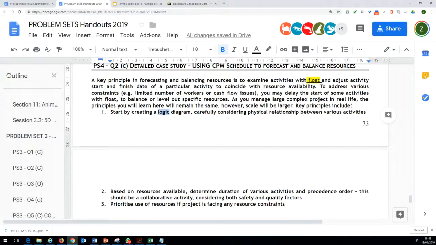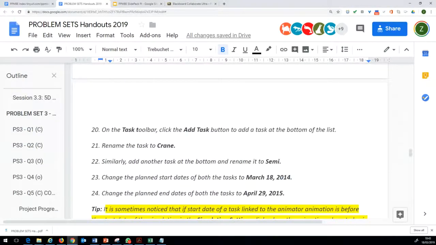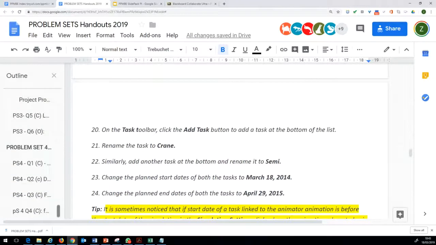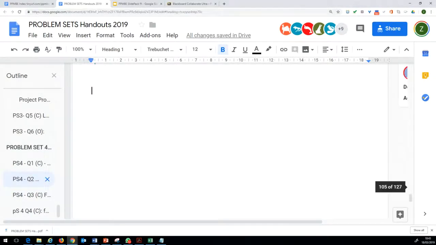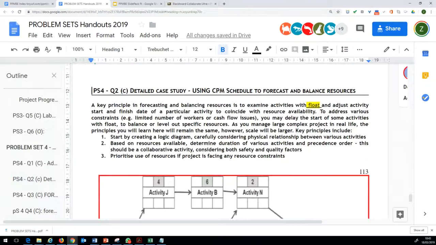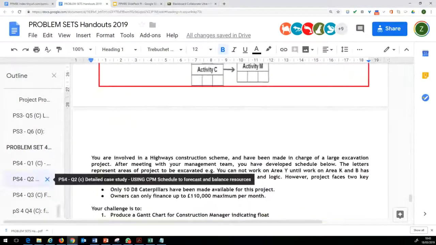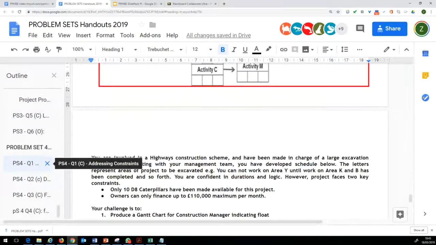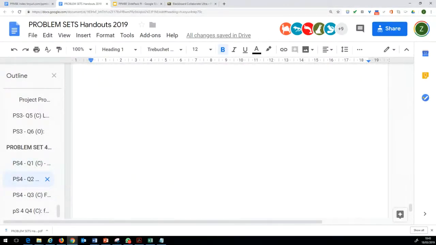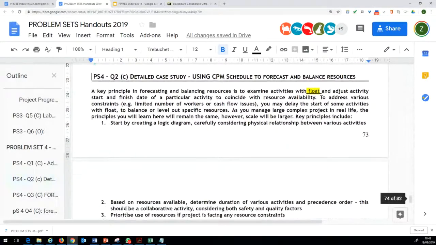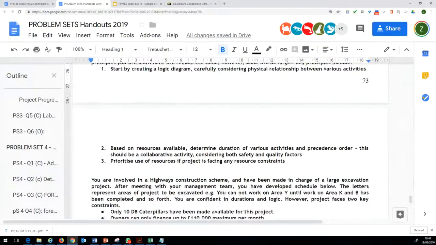The second principle is, oops, I think I've moved further up. The second principle, which we will be reviewing, is based on the resources available, determine the duration of various activities and the precedence order.